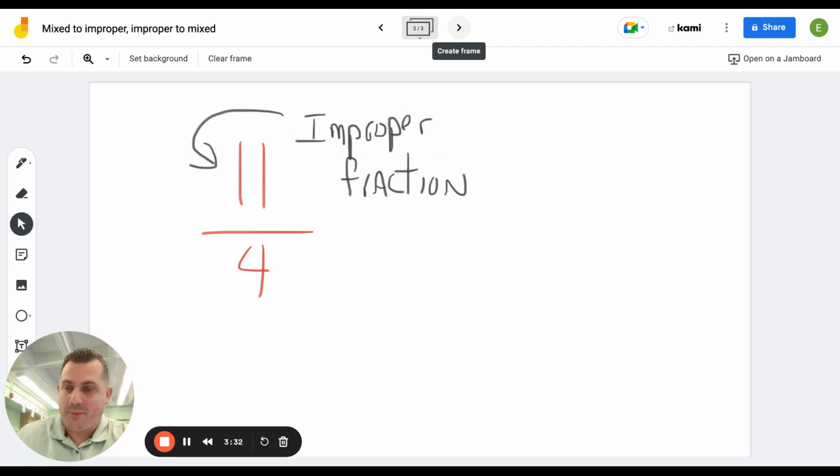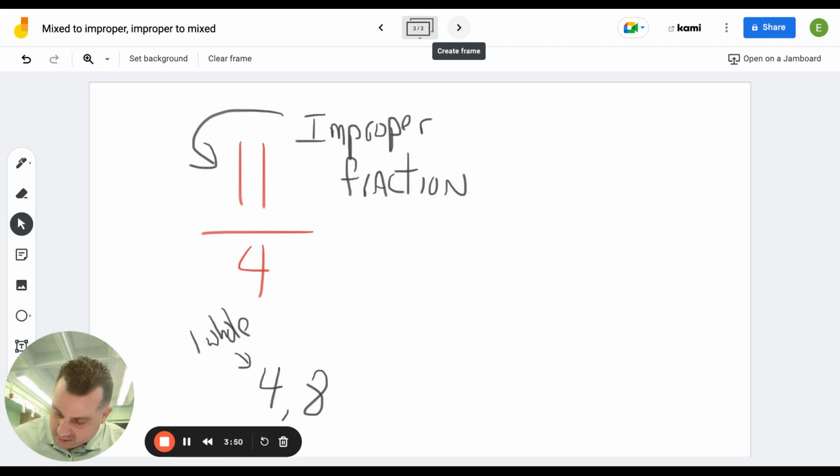Well, if there's four pieces in a whole and I have 11 pieces, I could look at it this way. There's four pieces in one whole. Eight pieces are going to be in two wholes. So this is one whole. This is now another one whole. Can I do another four pieces?